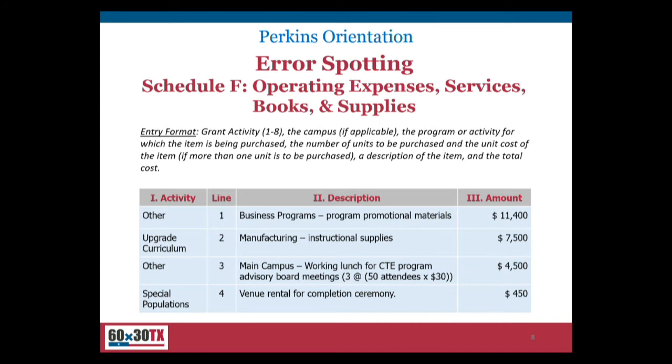It states in the RFA Appendix I cost guidelines for food costs for participants' meetings: light meals not to exceed $20 a person for participants who are cloistered in an all-day, at least 6-hour meeting or training session. Advisory board meetings do not qualify.